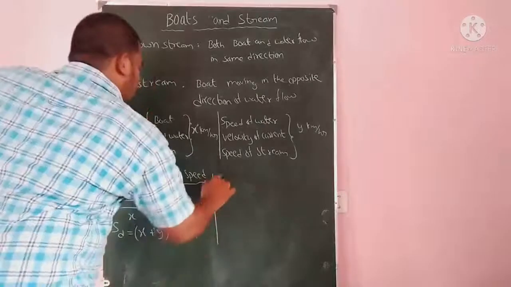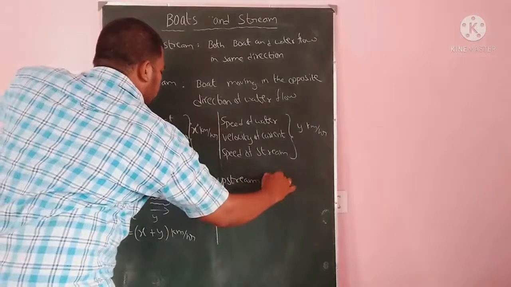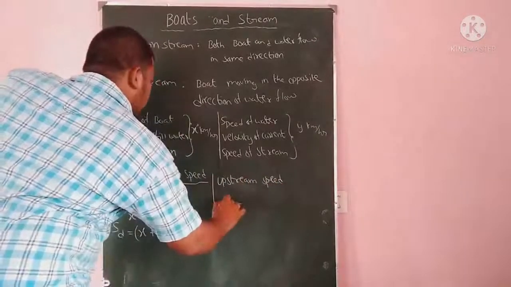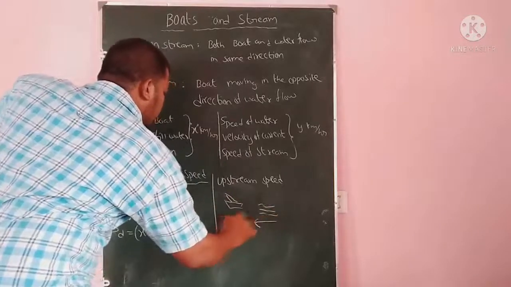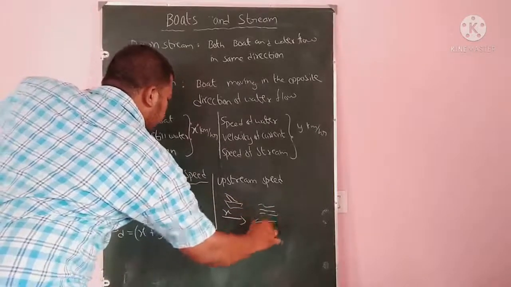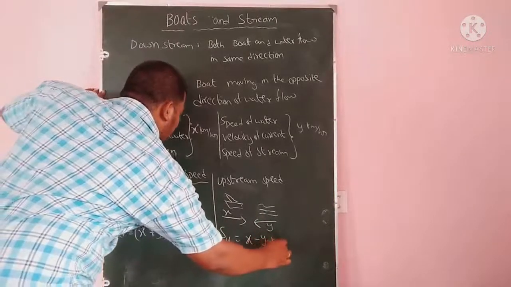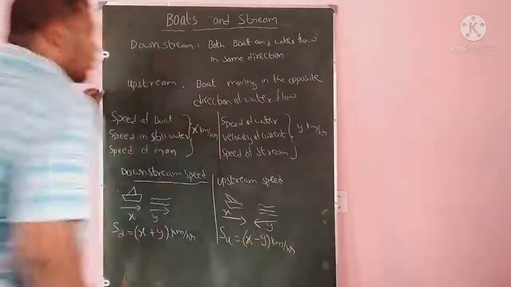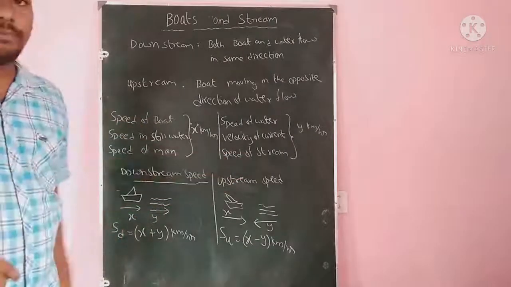When it comes to upstream speed, the boat and water are in opposite directions. So speed in upstream is treated as x minus y kilometers per hour. If they are in the same direction, the water speed is added to the boat speed. If they are moving in opposite directions, to move forward the boat should overcome the water speed.